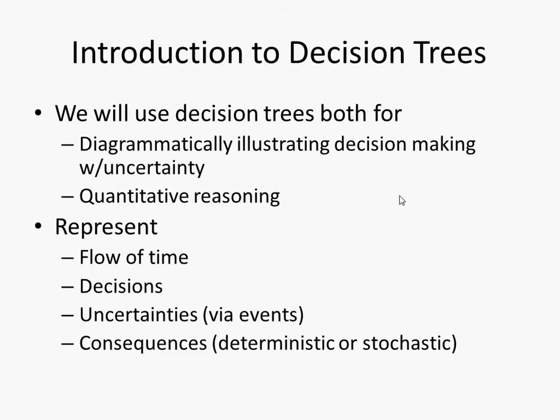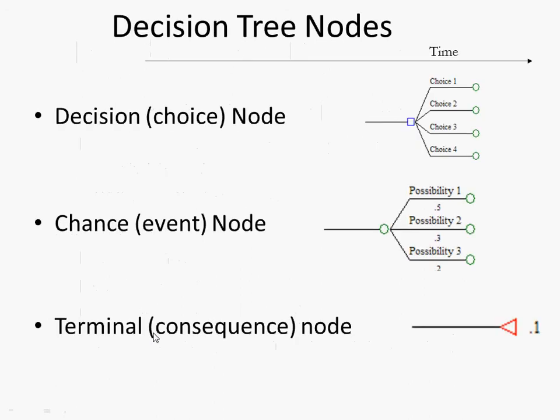So these decision trees represent the flow of time, choices, which we call decisions, uncertainties, for which we'll use the term events, things we can't control, things that are uncertain to us, and consequences, the impact of a sequence of decisions and events over time. What does that give us in terms of its consequence?